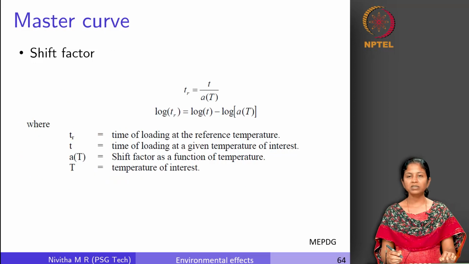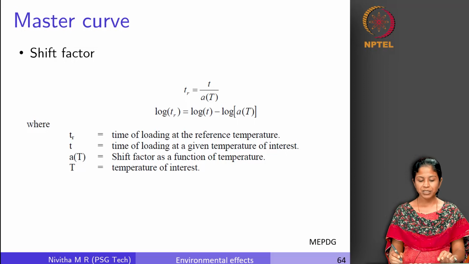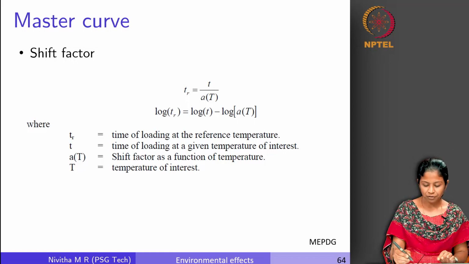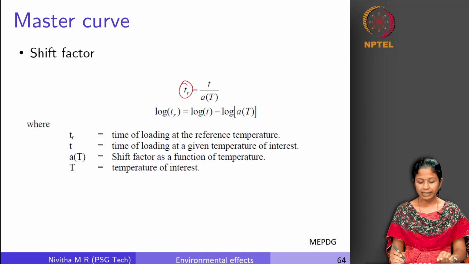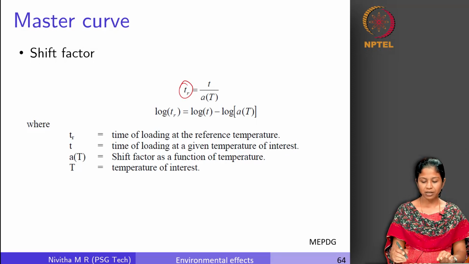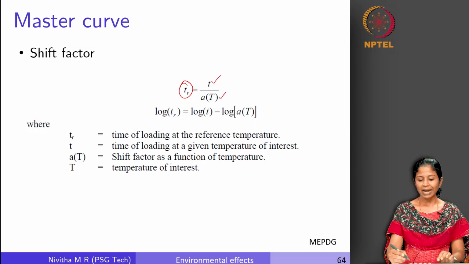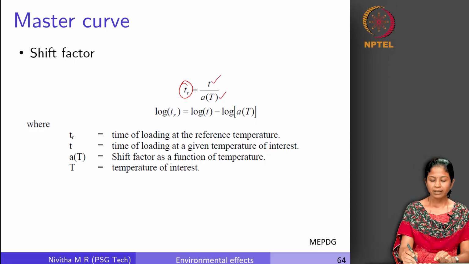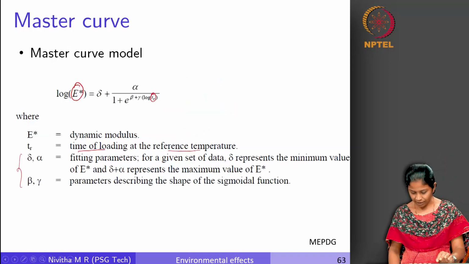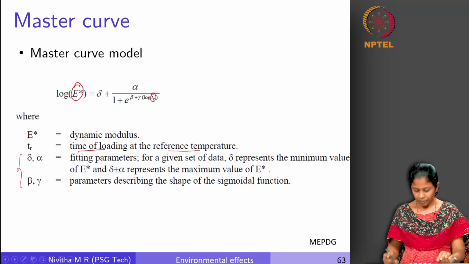So now how is the shift factor calculated? The time of loading at a reference temperature is computed from the time of loading at a given temperature and the shift factor, right. So that is how we get the time of loading at the reference temperature, which is given here.